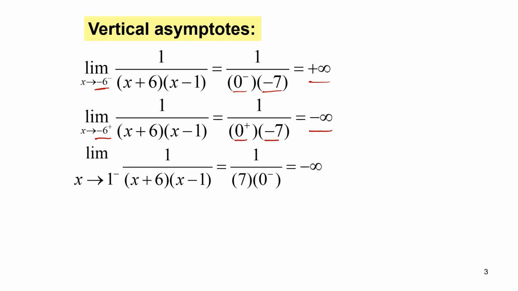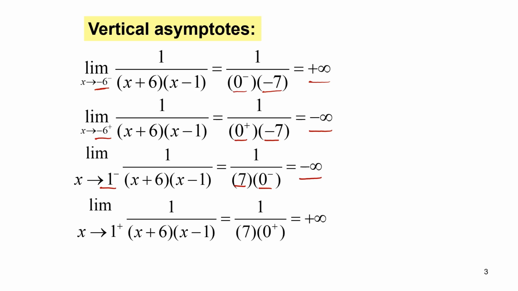The limit as x tends to 1 from the left. By substituting the nearest value, we get 7 multiplied with a negative value and the answer is negative infinity. When x tends to 1 from the right and we substitute, we get positive 7 multiplied with a positive value and the answer is positive infinity.